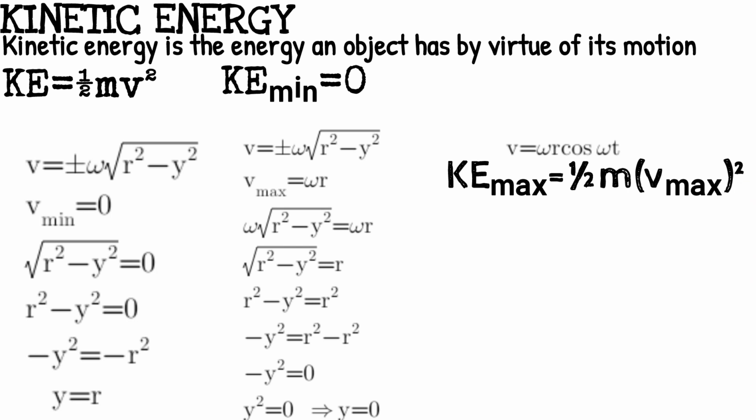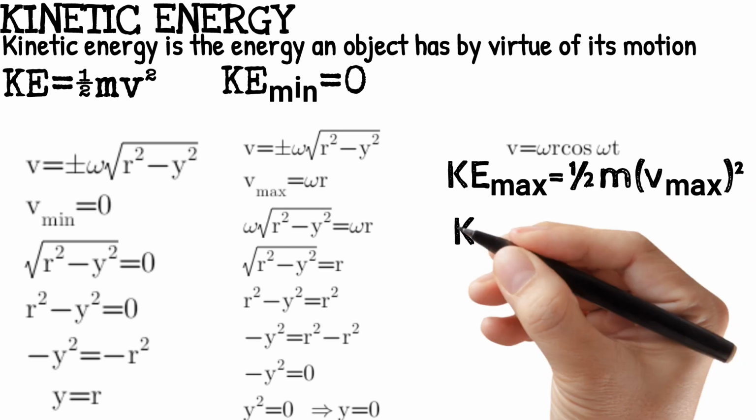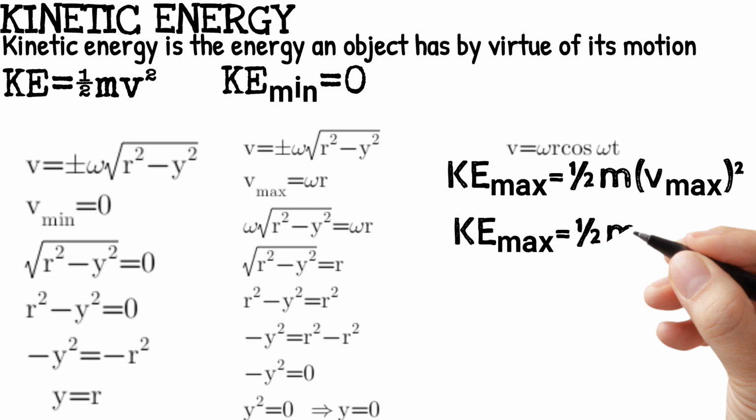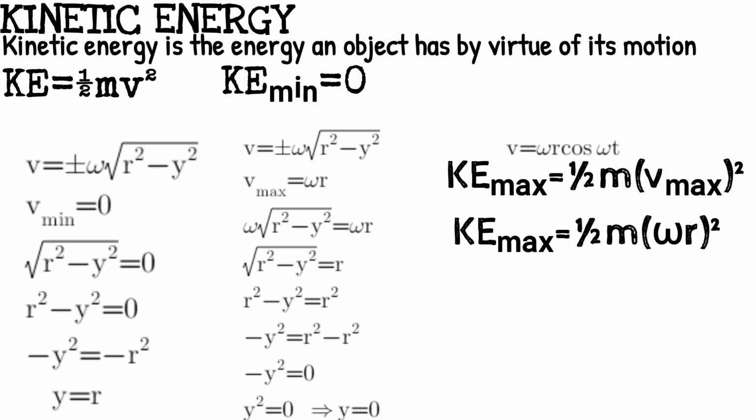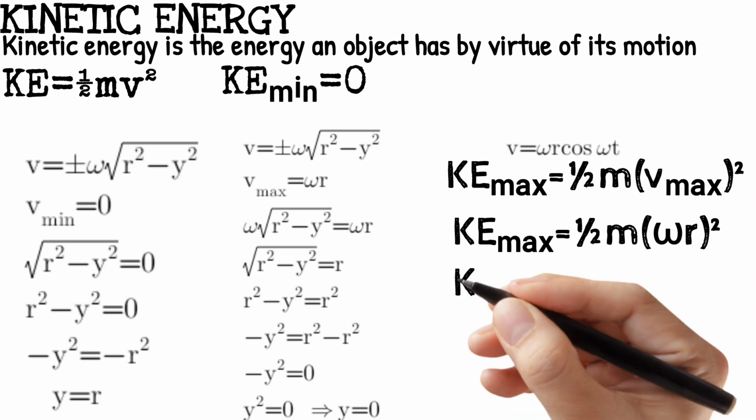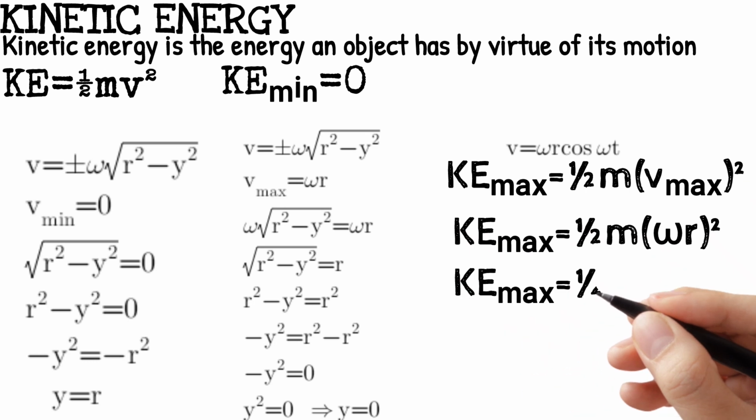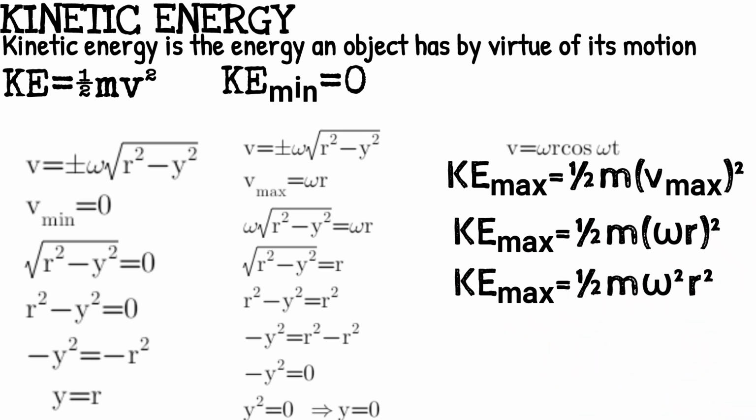And what's the maximum velocity? Omega r. So KE max is equal to half m, and our v is omega r, all squared, which gives you half m omega square r square. Not really expand, just open the brackets well. You take the square and give it to both things inside the brackets. Do you understand? So that's your formula for maximum kinetic energy.